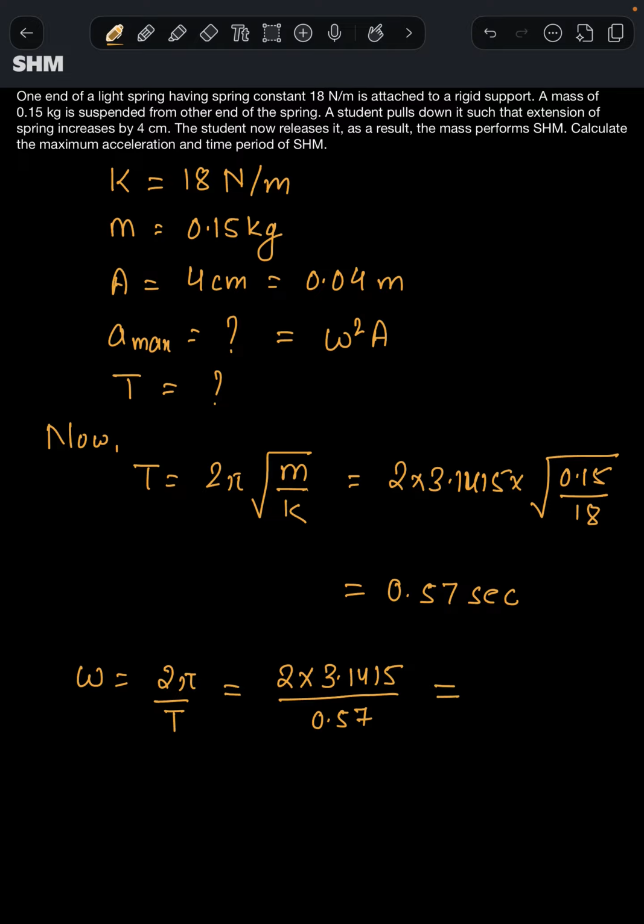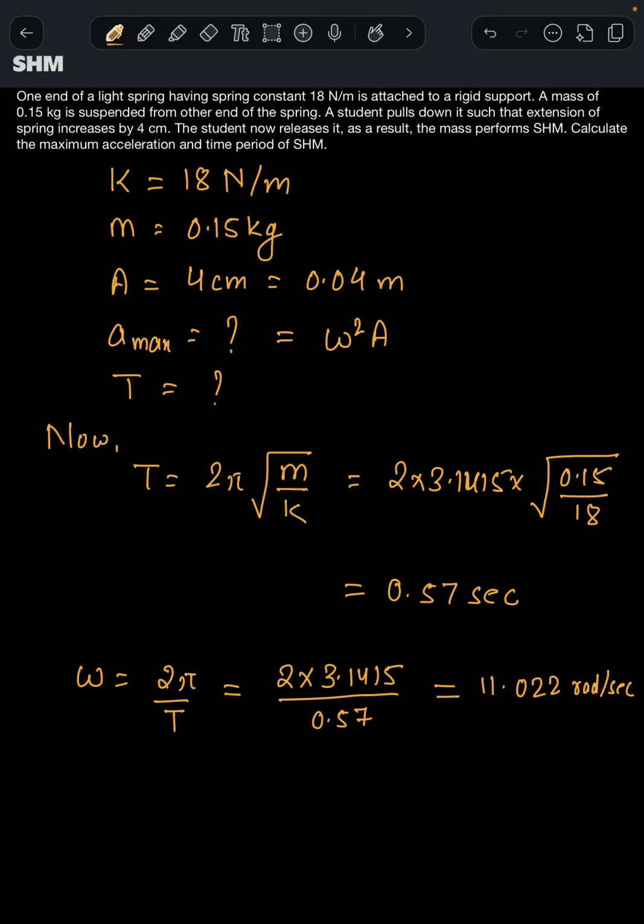After solving this, we get 2 into 3.1415 divided by 0.57, 11.022 radian per second.